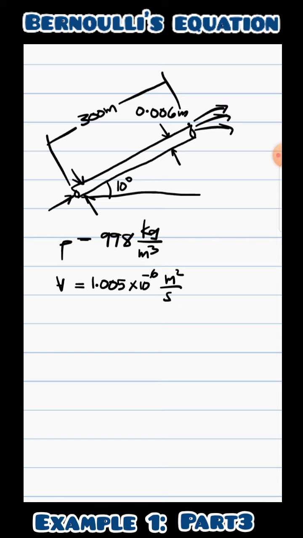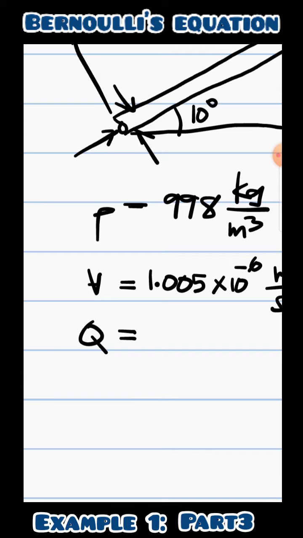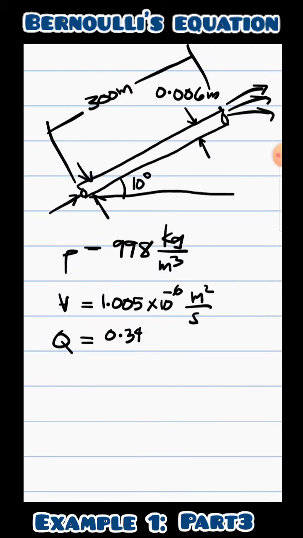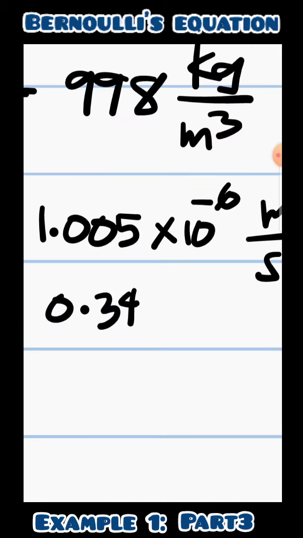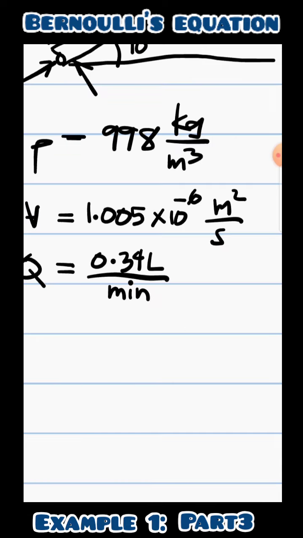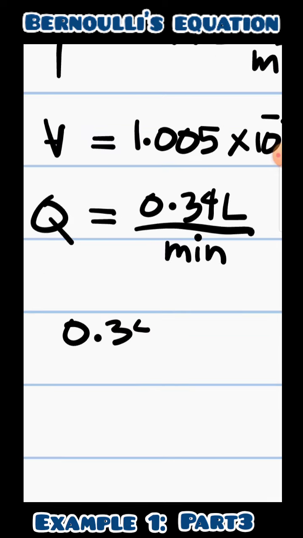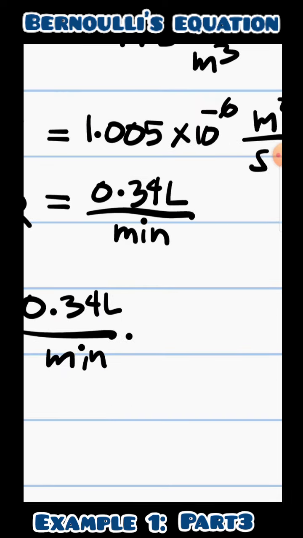Another parameter given here is the flow rate. The volume flow rate of the water passing through this pipe inclined 10 degrees with respect to the horizontal is 0.34 liters per minute. If we convert this to cubic meters per second, we start with 0.34 liters.